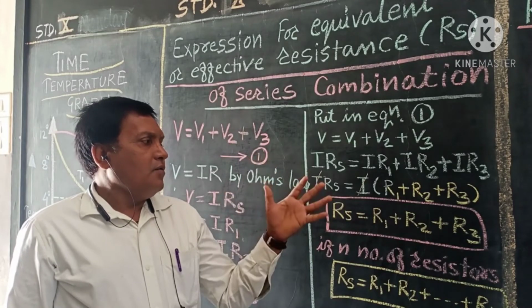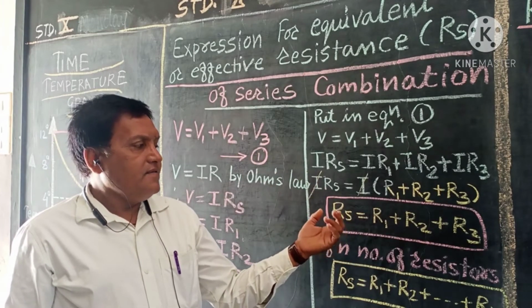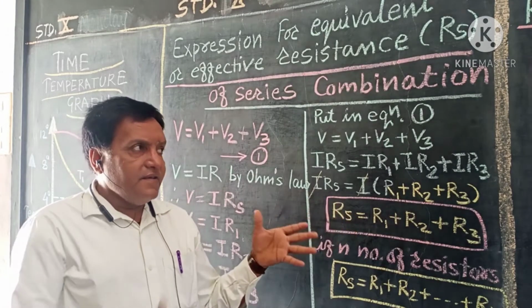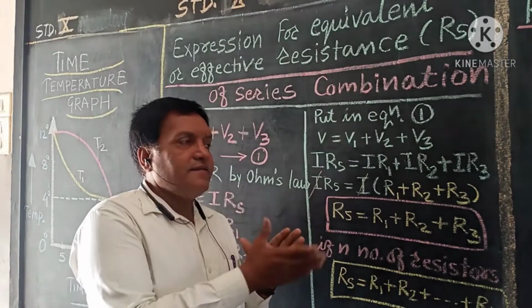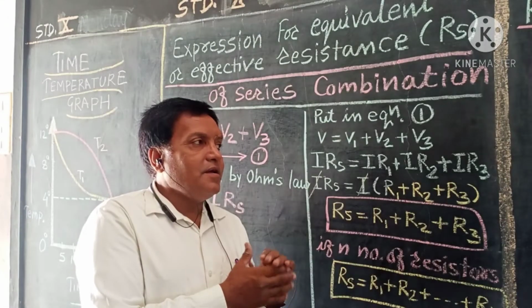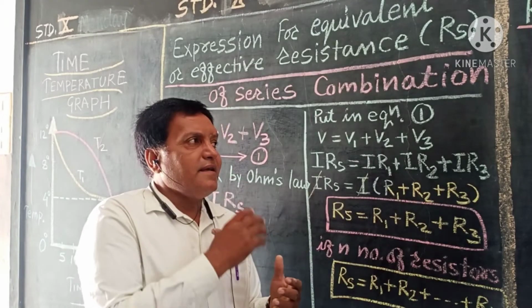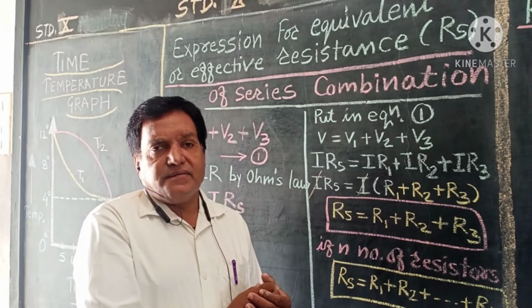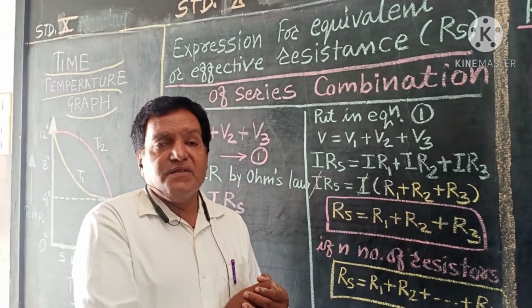So what we conclude from this is that in series combination the resistance increases. If instead of 3 resistors we add 10 resistors, then the resistance of the electric circuit increases. What does this mean?